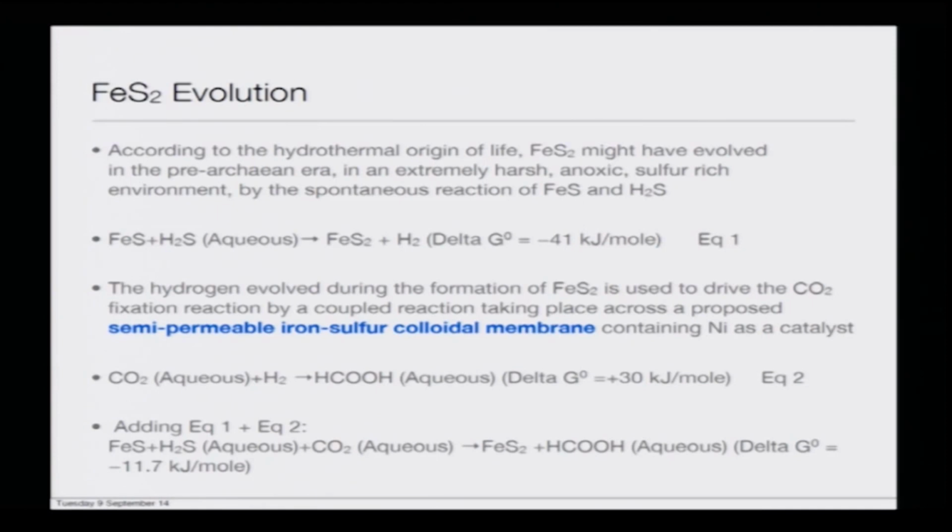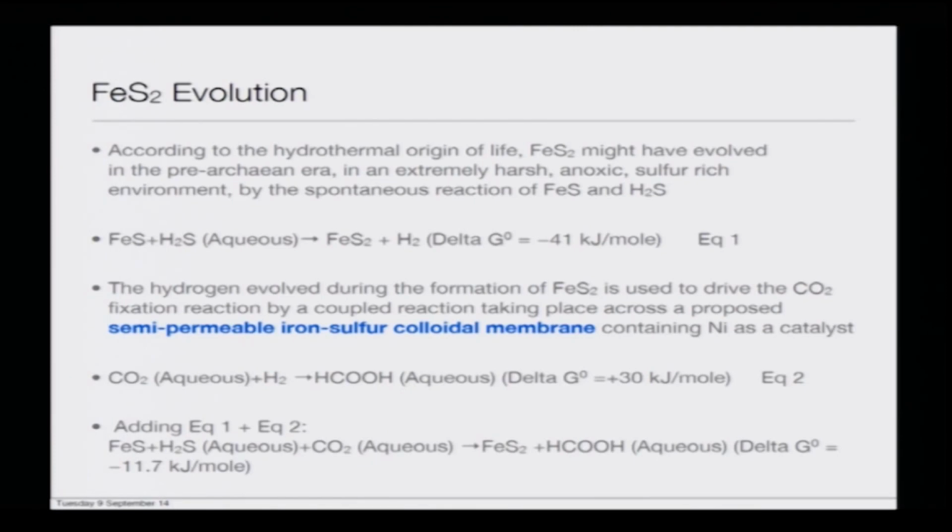So, containing nickel as a catalyst, what essentially happened is that CO2 plus H2O gives the first carbon fixed molecule, HCOOH. Okay? But for that reaction, the delta G was 30 kilojoule per mole.